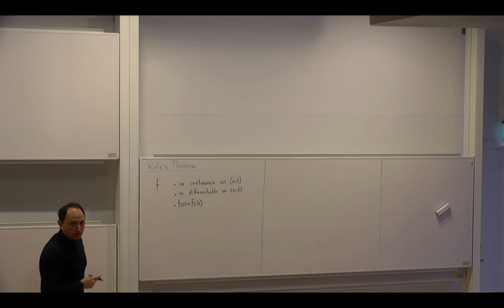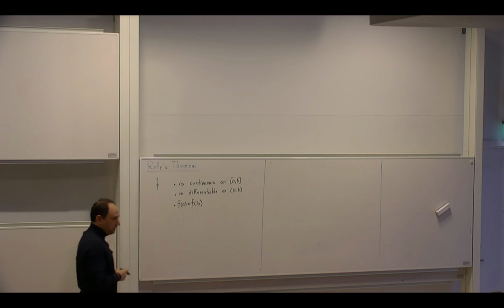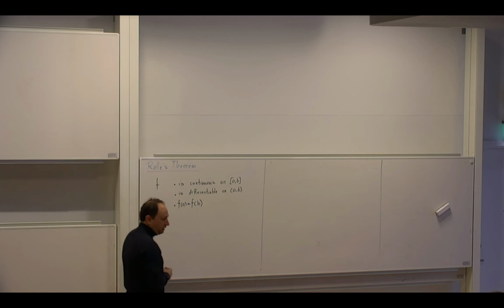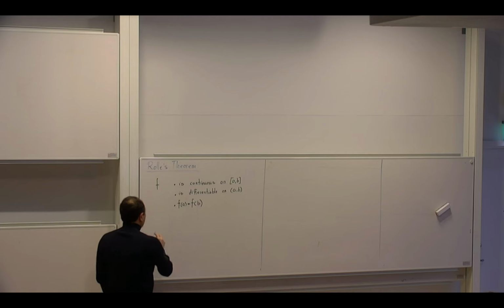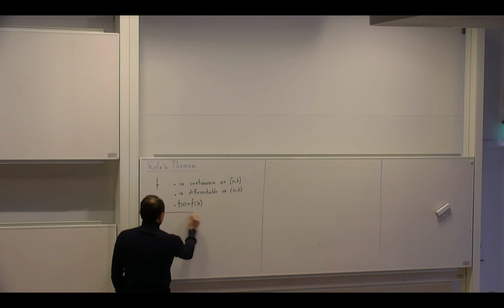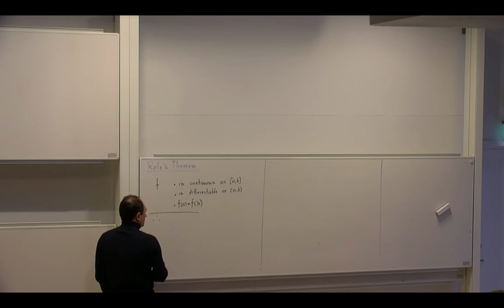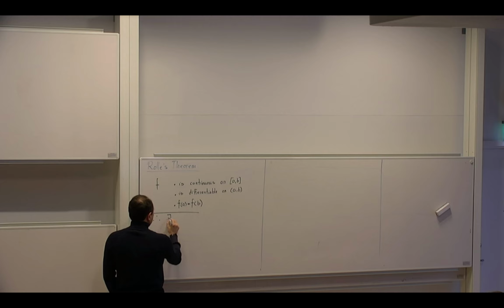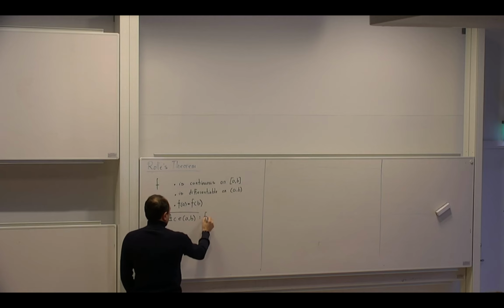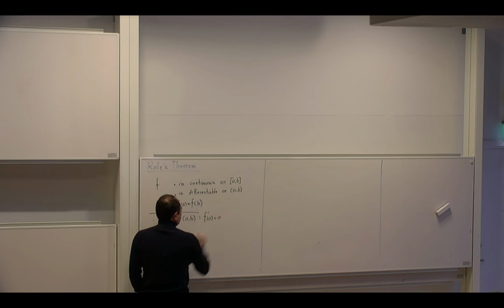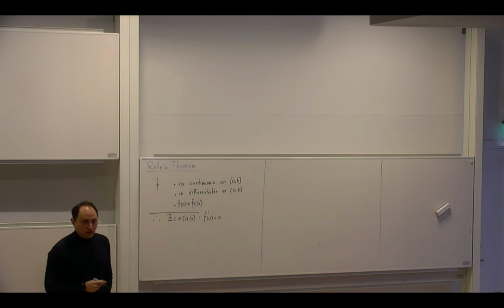So if I have a function with these three properties, then the conclusion is that, these three dots mean we can conclude that there exists, this symbol means there exists, a c in the open interval (a, b) such that if you calculate the derivative at that point, it becomes 0. Okay, so that's Rolle's theorem.